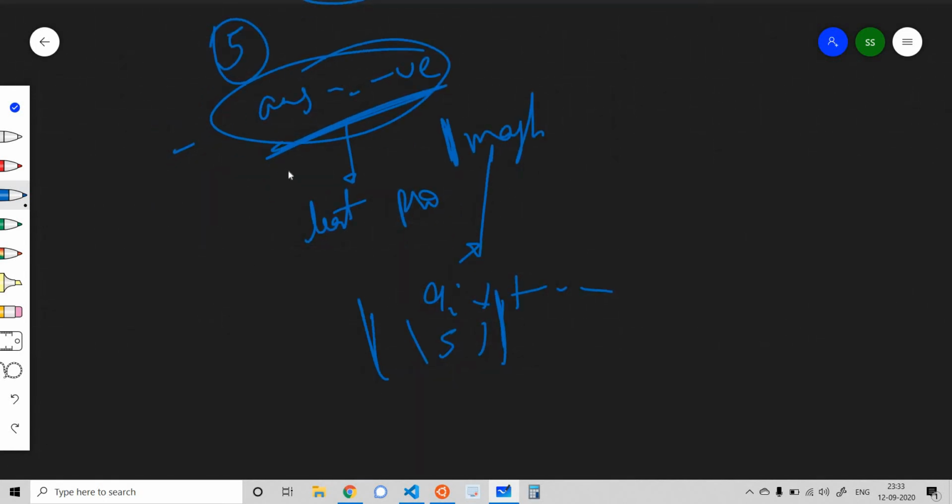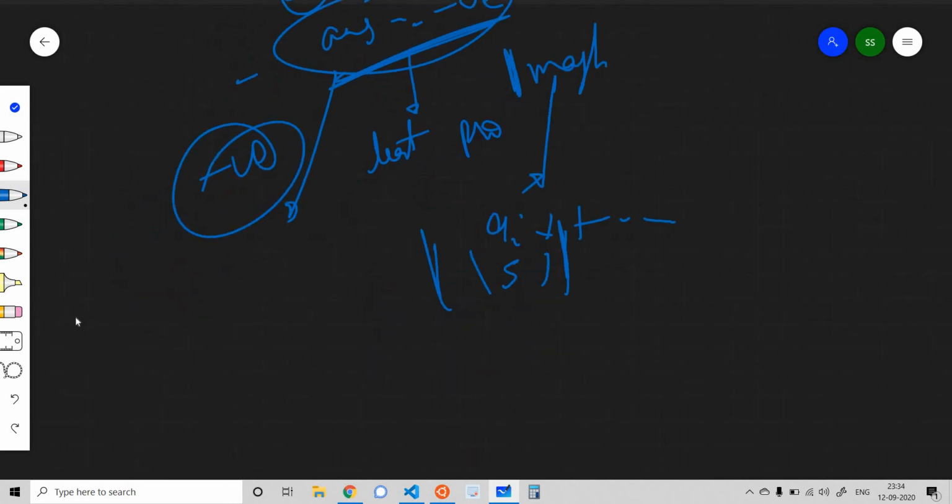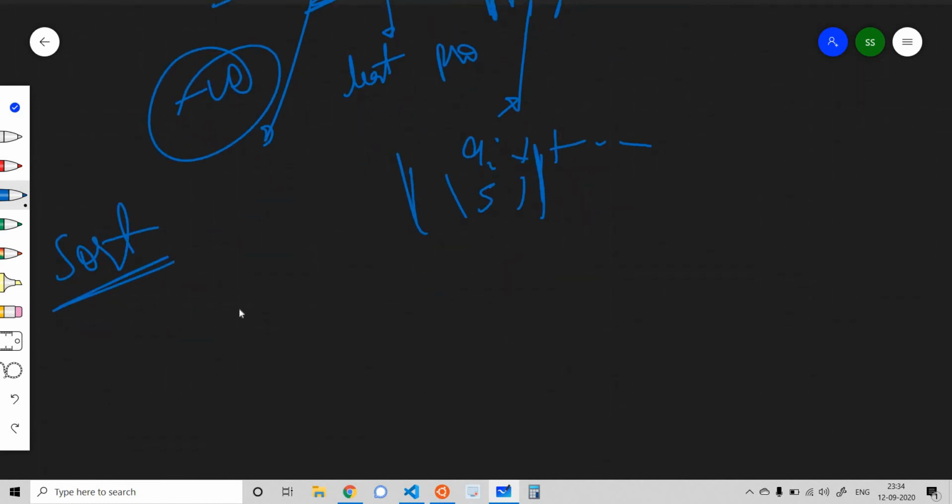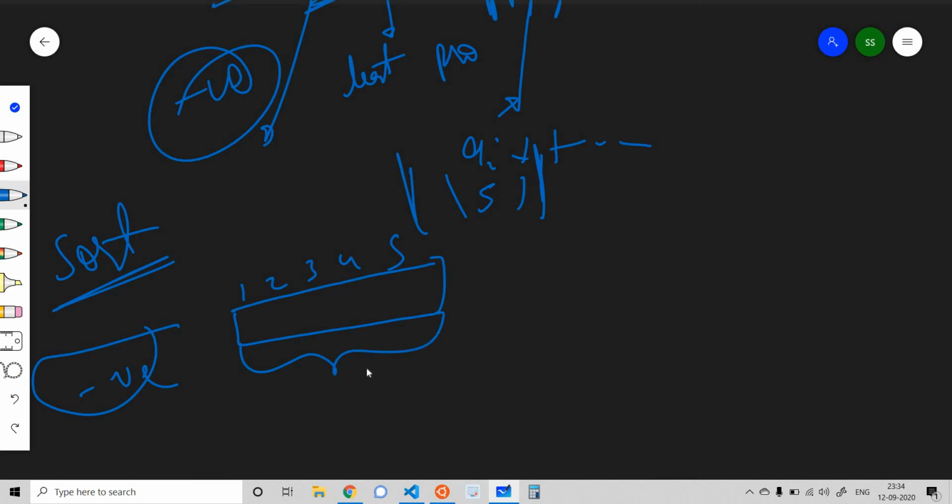To get the least magnitude, if we only have negative values, I will sort the array, and after sorting, it will make sure the last 5 elements in my array, as all of them are negative, have the least magnitude compared to any other elements present on the left of these 5 elements.